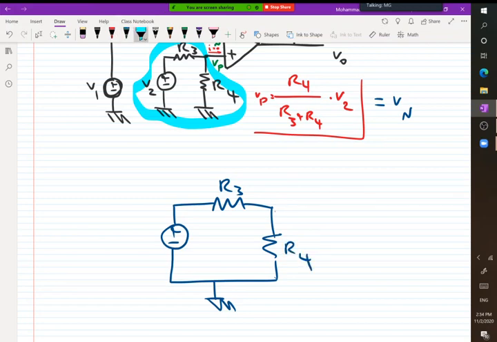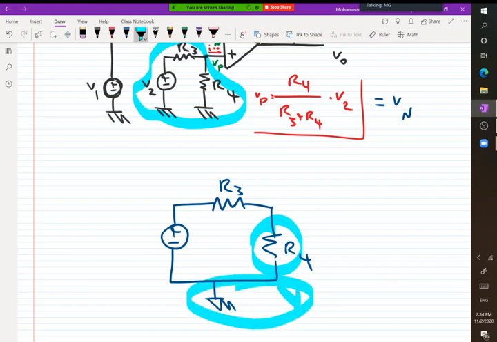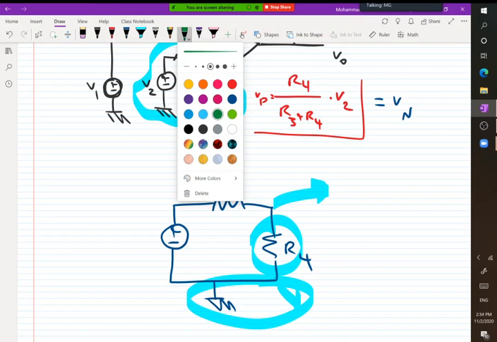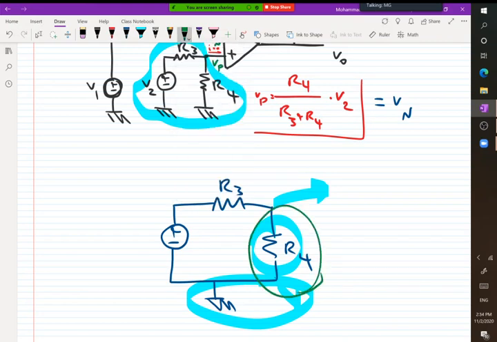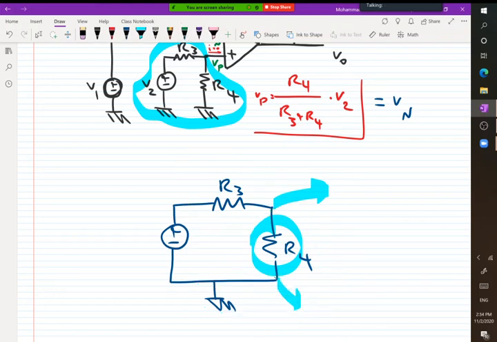In the R4, the voltage across R4, because one side of the R4 is connected to the ground, and we want to find the voltage across the other part of R4, so we can say the voltage across R4 is R4 over the total resistors. So if we use R3, we will find the voltage difference between this point and this point.